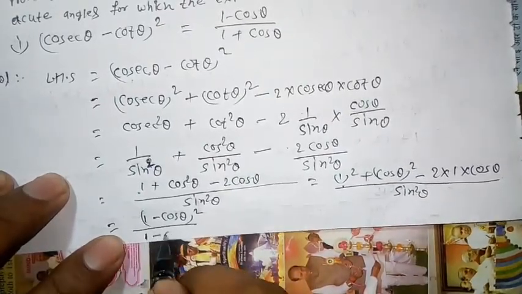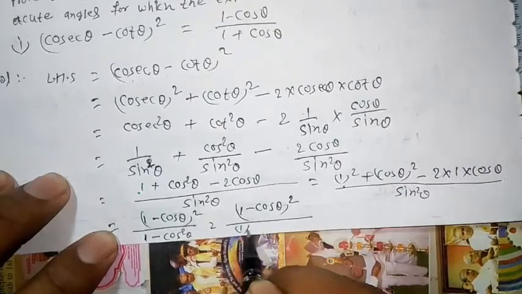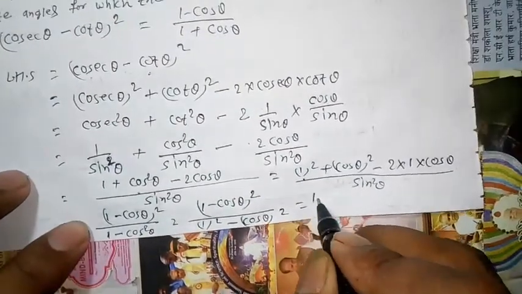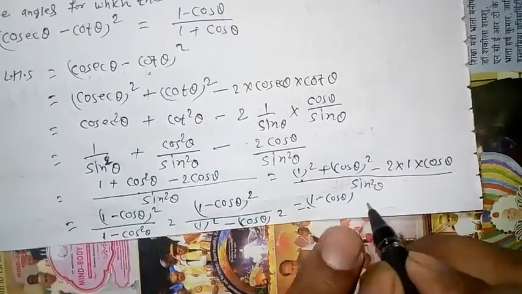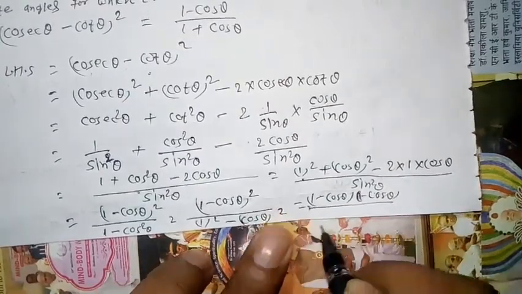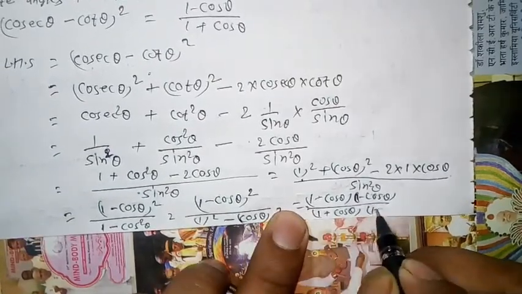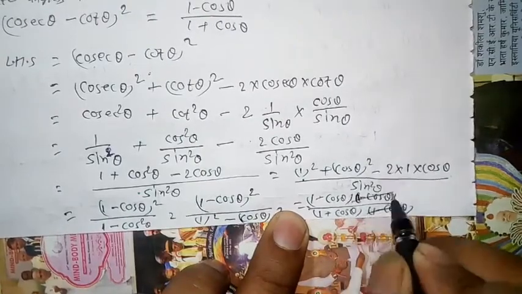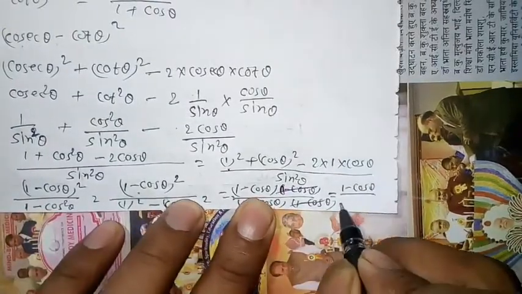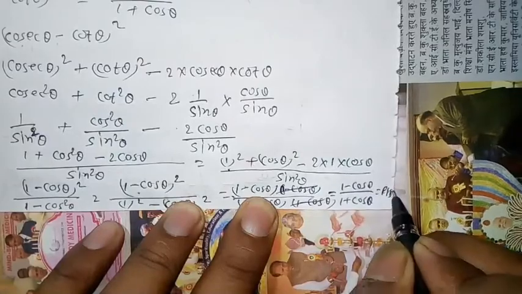That is (1 minus cos theta) the whole square by (1 square minus cos square theta). Using a square minus b square is equal to (a plus b)(a minus b), it is (1 minus cos theta) the whole square by (1 plus cos theta)(1 minus cos theta). Cancelling 1 minus cos theta, we get (1 minus cos theta) by (1 plus cos theta), which is equal to RHS. Proved.